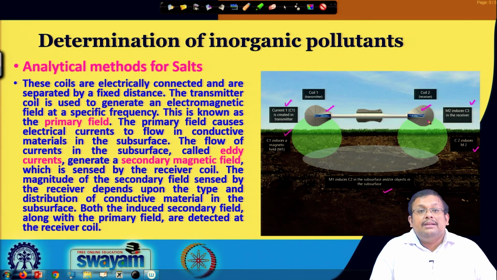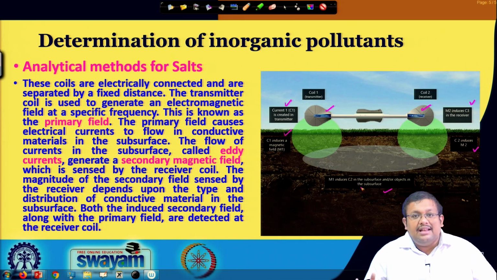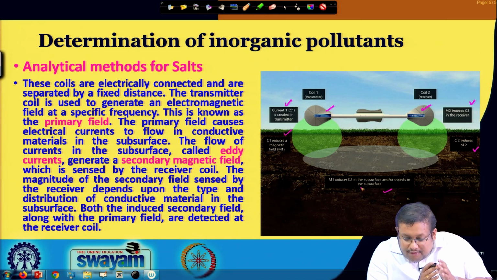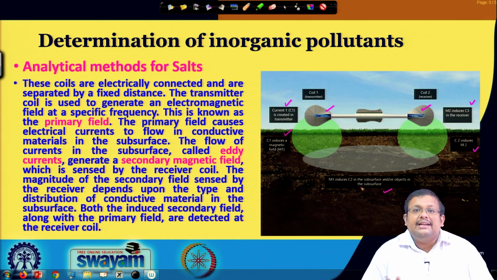Now, remember that the magnitude of the secondary field sensed by this receiver depends upon the type of distribution of conductive material in the subsurface. So, in the earth, what are those conducting materials? The salts are the conducting materials, because they are dissociated into ions. So, these ions are the conducting materials. This flow of current is mediated by the ions of the salts which are present in the subsurface.